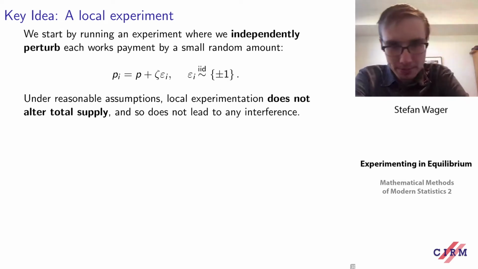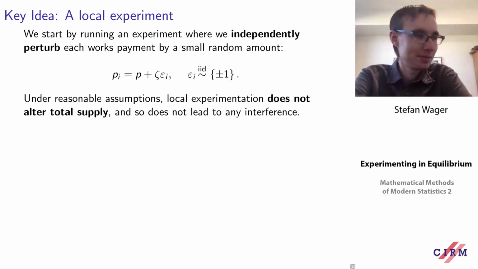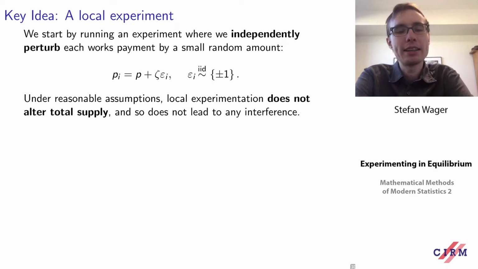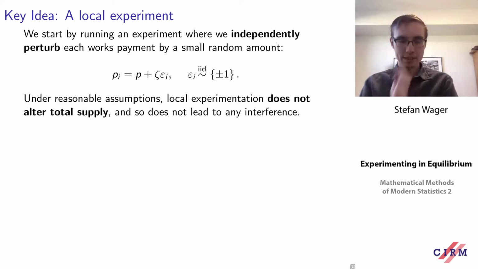Not surprisingly, we're going to need to run some kind of experiment to identify this. A first experiment that might come to mind is, let's take our target payment level P and perturb it by plus or minus zeta.